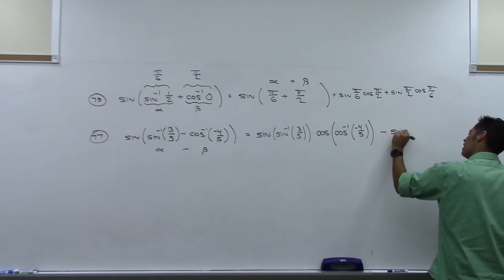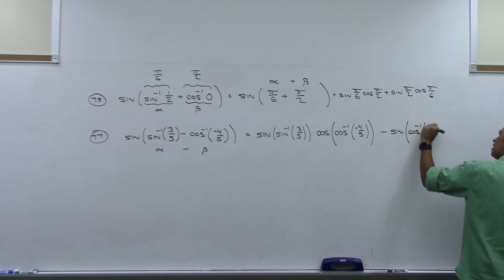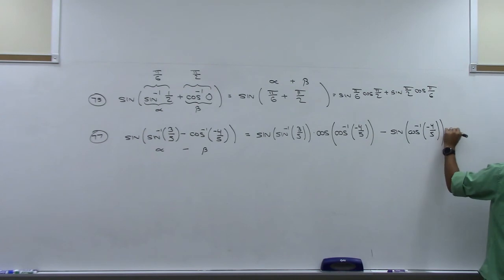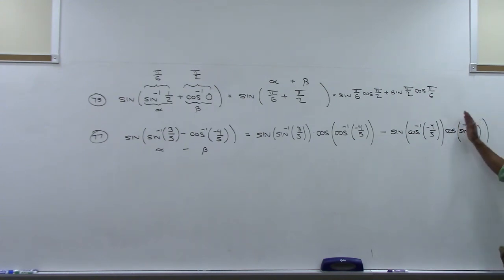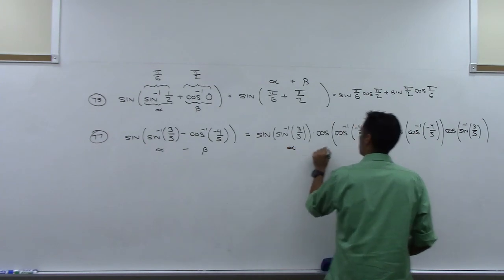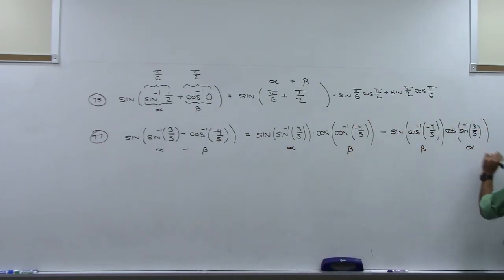Now sine of beta, which is cosine inverse of negative 4/5, and then cosine of alpha, which is sine inverse of 3/5. Remember, this is sine of alpha cosine beta minus sine beta cosine alpha.